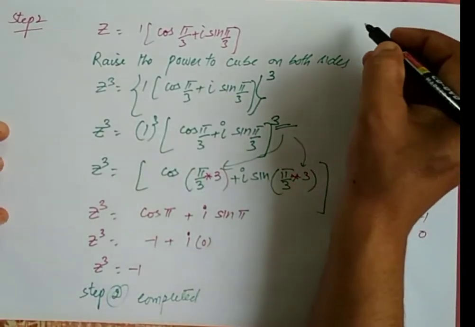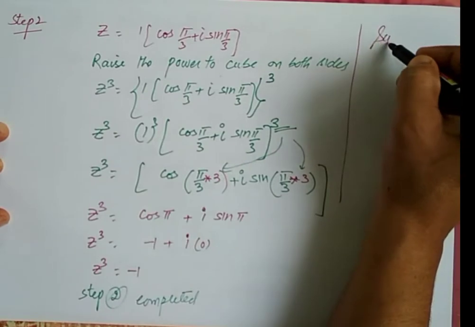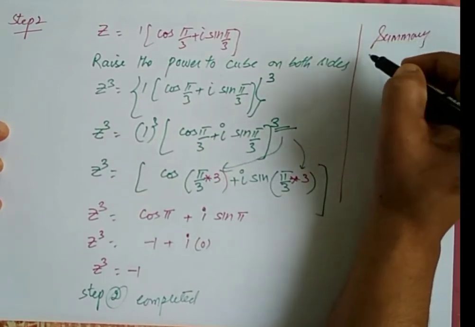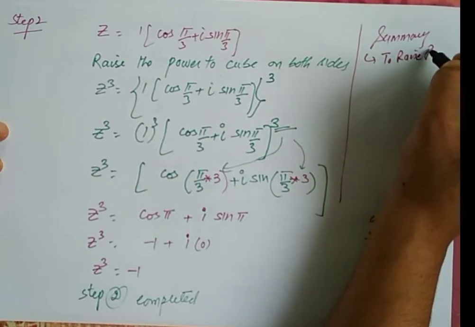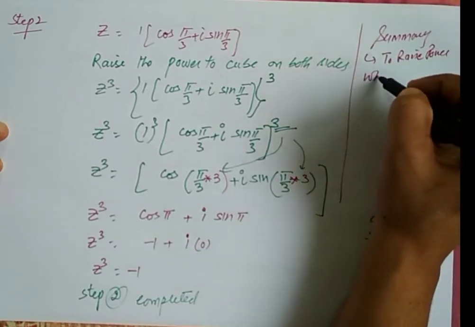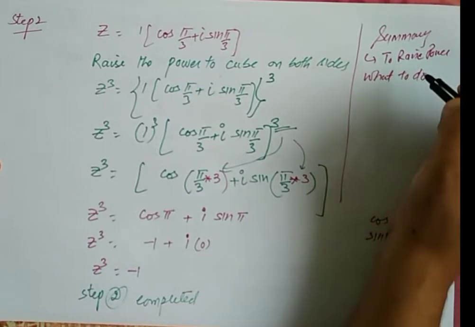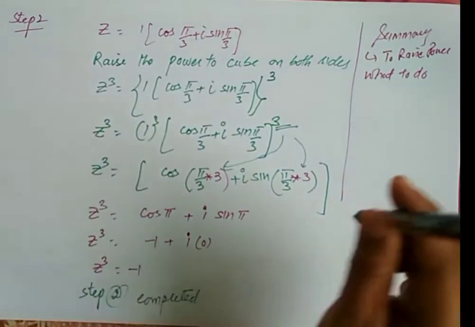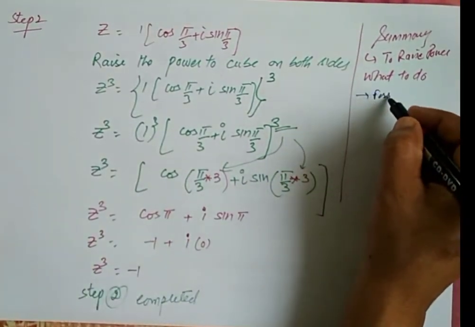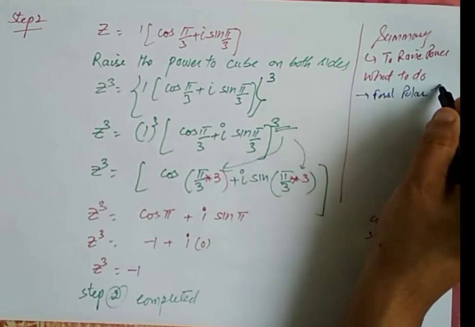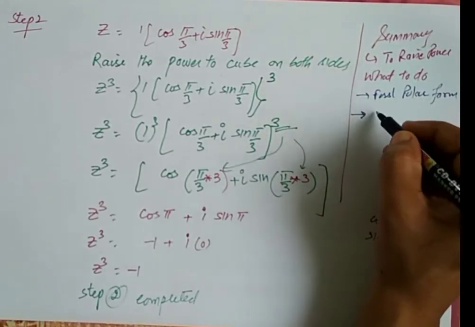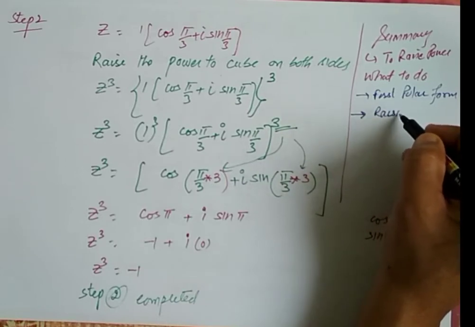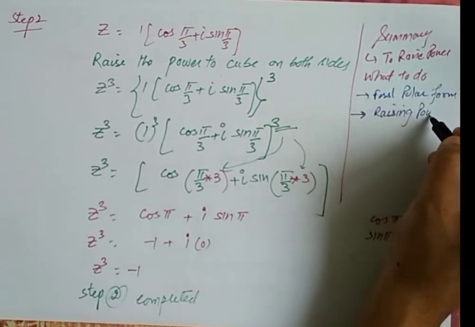So we can make a summary here. To raise a power, what to do? First is the polar form. Second is raising the power.